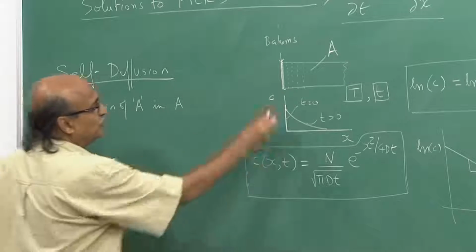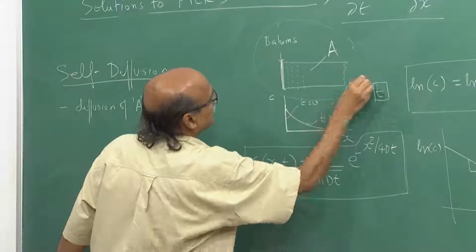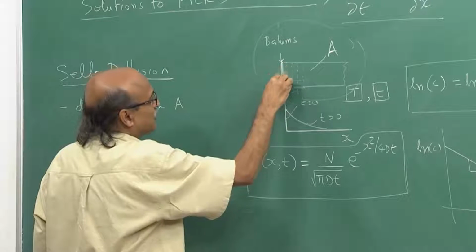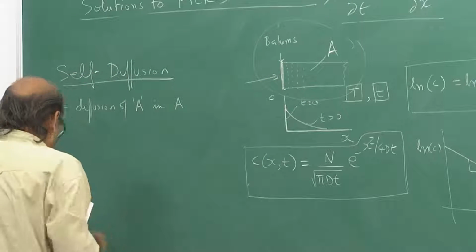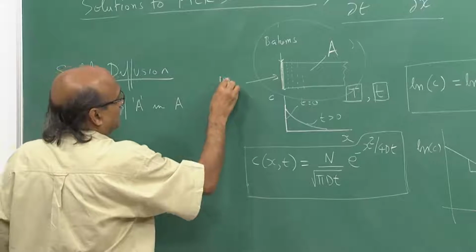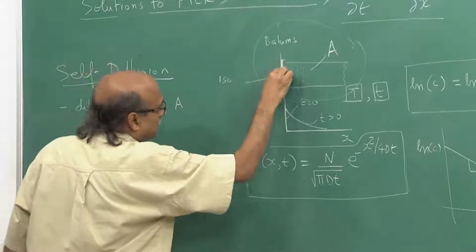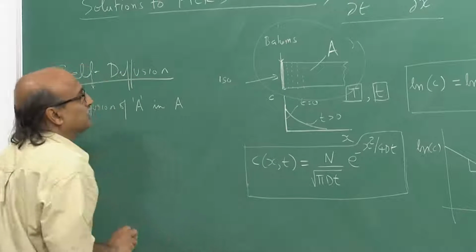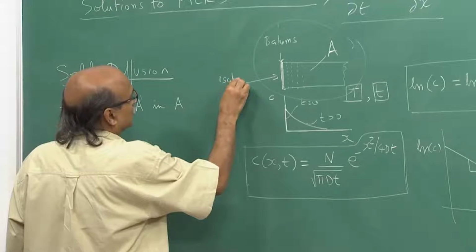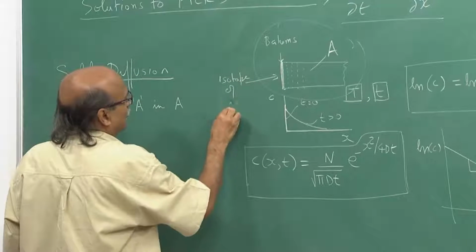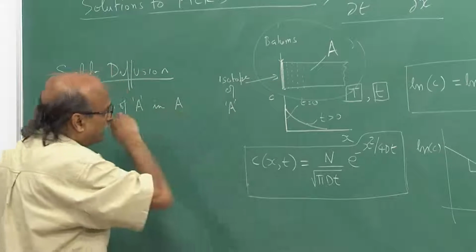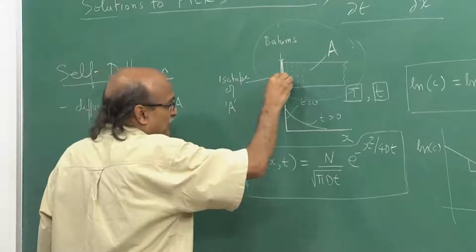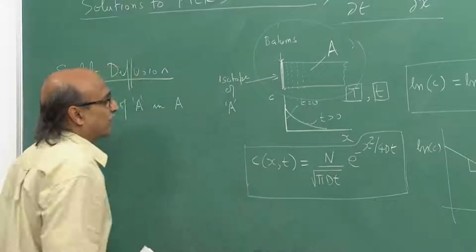So, we use a similar setup to measure that, except that instead of B atoms, I would put an isotope. I will produce a thin film, plated on the end of it, an isotope of A would be plated, and this isotope of A would be tracked and measured.